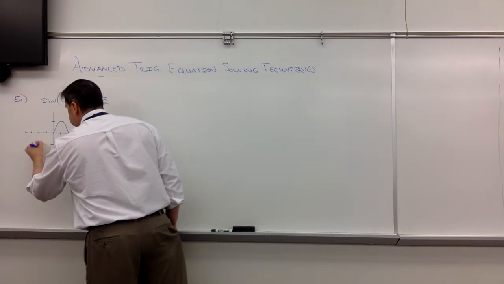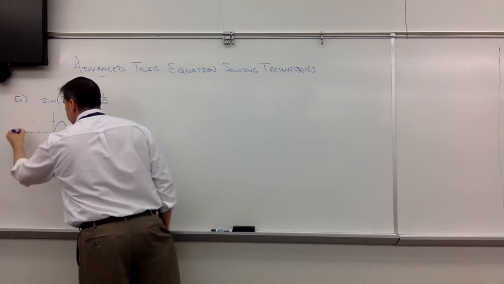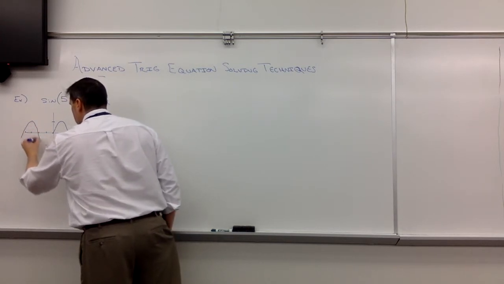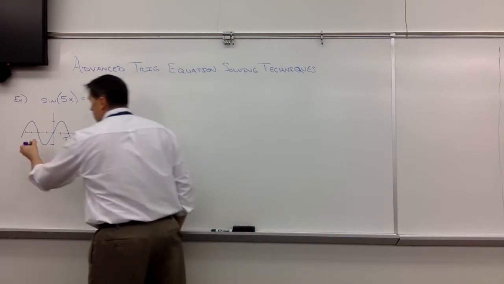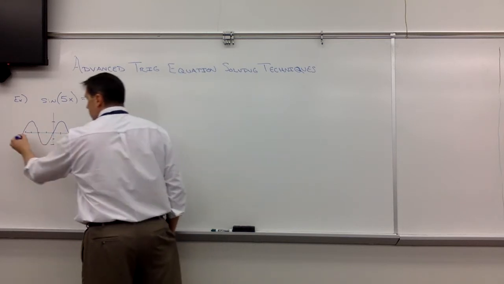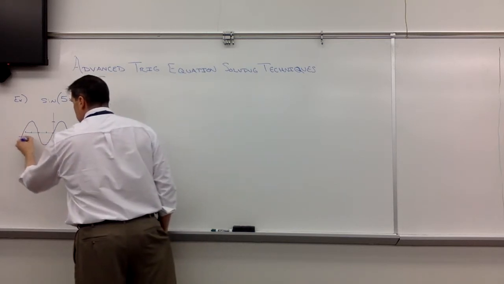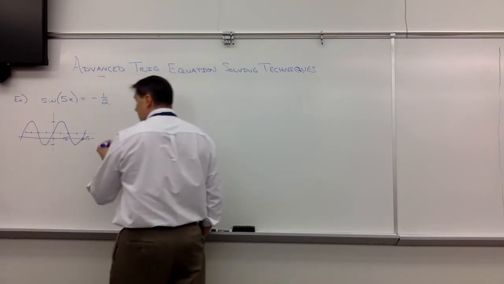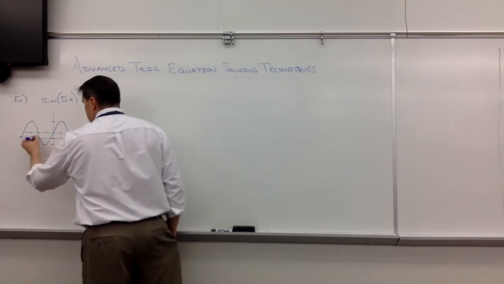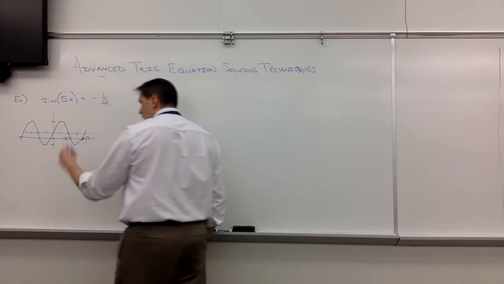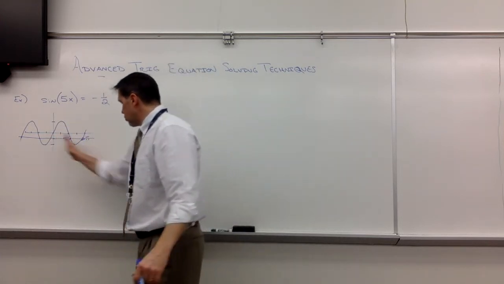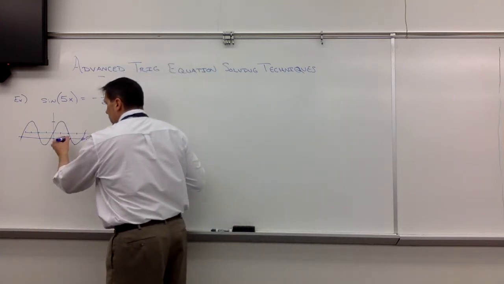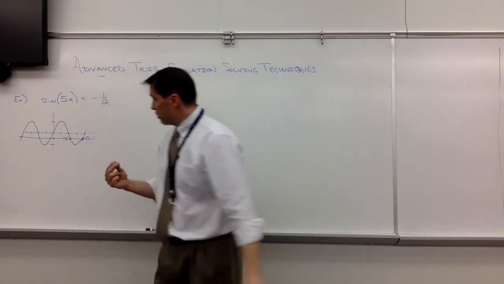That was a nice miss. All right, negative 1/2 would be right about there. You would draw your horizontal line through negative 1/2, and you would see, okay, we got 1, 2, 3, 4, 5 intersections that we can see. If we go 0 to 2 pi, you can see we have 2 solutions.